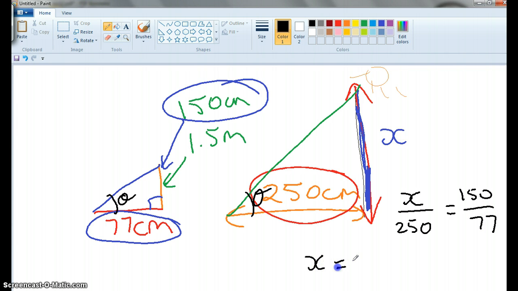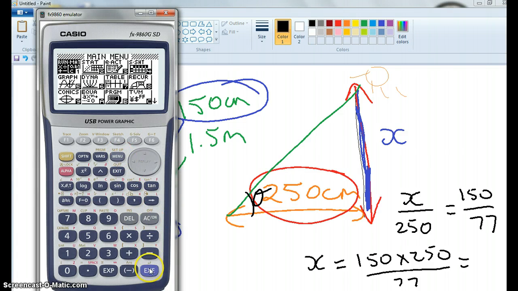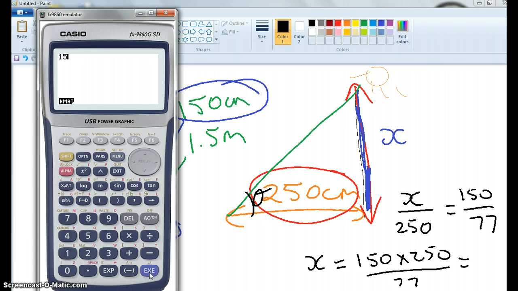So X is going to be equal to 150 times 250 over 77. Could I have that, please? The 150 times 250 divided by 77. Okay, so we go 150 centimetres times 250 centimetres divided by 77, and I get 487.